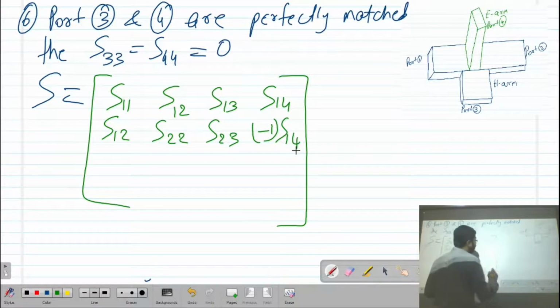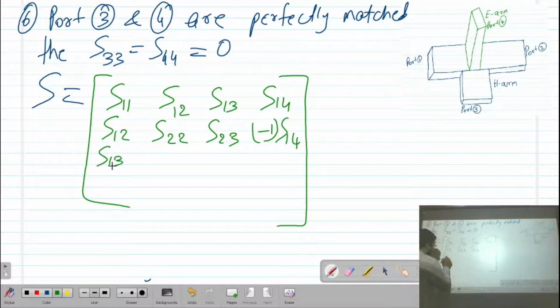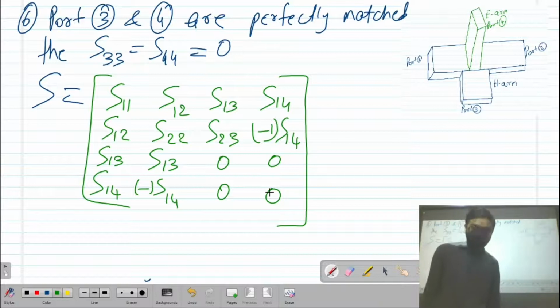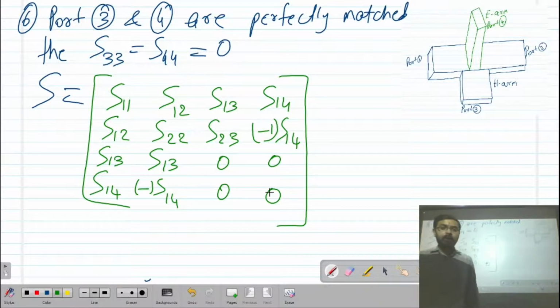Remember, replacing it. S1 of 4, S1 of 3, S1 of 3, this is 0, 0, S1 of 4, minus of S1 of 4, this is also 0 and 0. Okay, so this is the scattering matrix which we have obtained after substituting all the relations which we have considered.